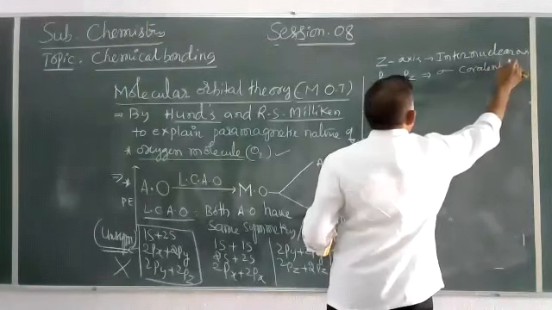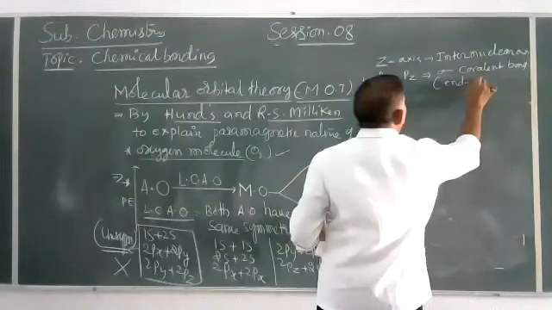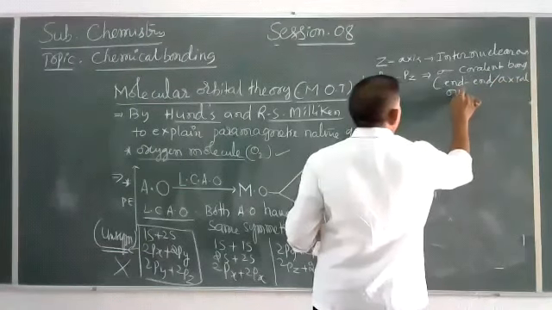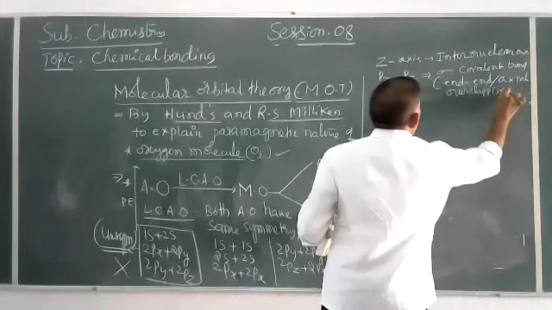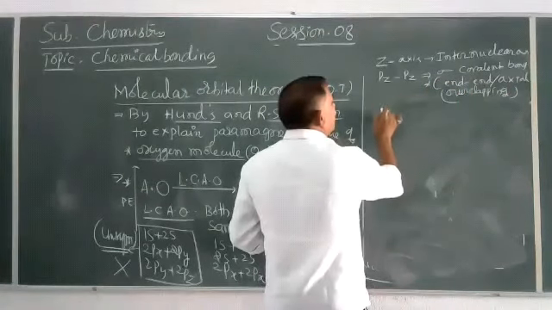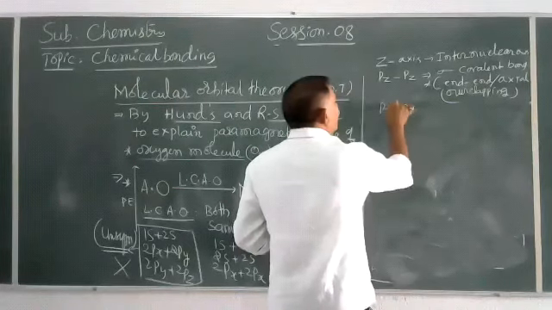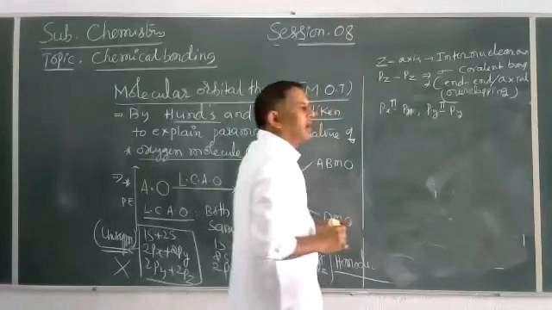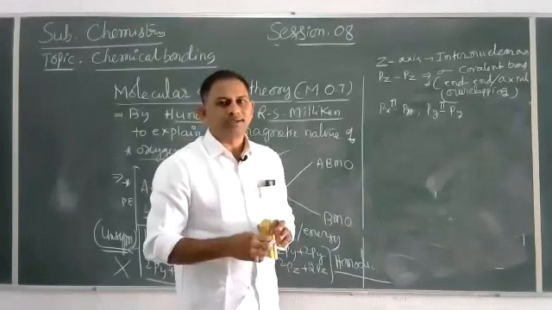Internuclear axis means end to end overlapping, or axial overlapping, takes place, and end to end or axial overlapping forms a sigma covalent bond. The remaining px and px form a pi covalent bond, or py and py form a pi covalent bond. I will explain how they combine linearly and how they form sigma and pi covalent bonds.